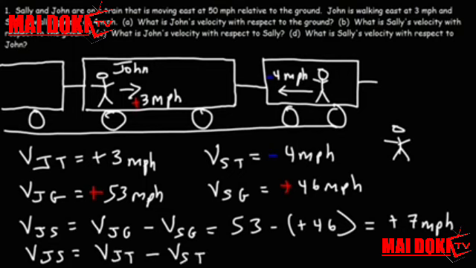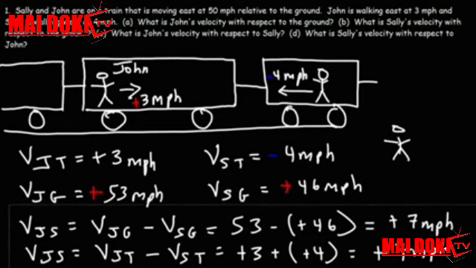It works the same as long as we use a common reference frame. So VJT is positive 3, minus VST, which is negative 4. 3 minus negative 4 is the same as 3 plus 4, and it gives us positive 7 miles per hour. So that is John's velocity with respect to Sally.